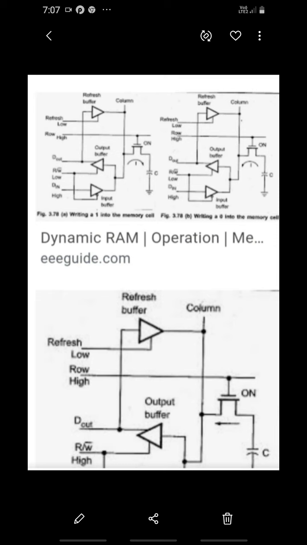The circuit consists of three tri-state buffers: input buffer, output buffer and a refresh buffer. Input and output buffers are enabled and disabled by controlling a read or write line.